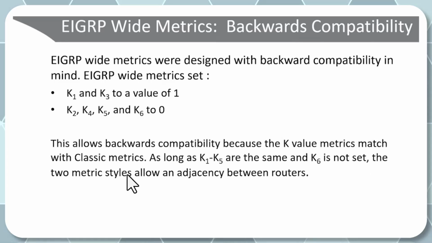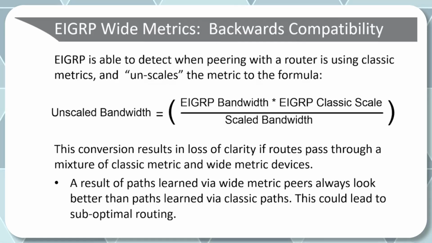The two metric styles allow adjacency between routers, but it is not recommended. In one router you are using named, in another router you are using classic. If you create this kind of scenario, then definitely it will cause performance issues. So either use named or use legacy. What I suggest, use named only, so that you will get the latest set of configurations.